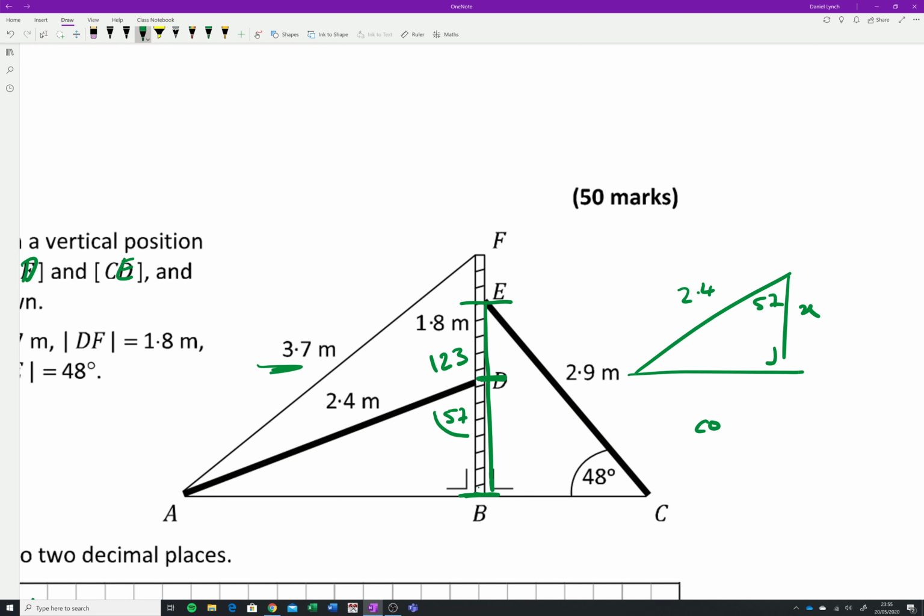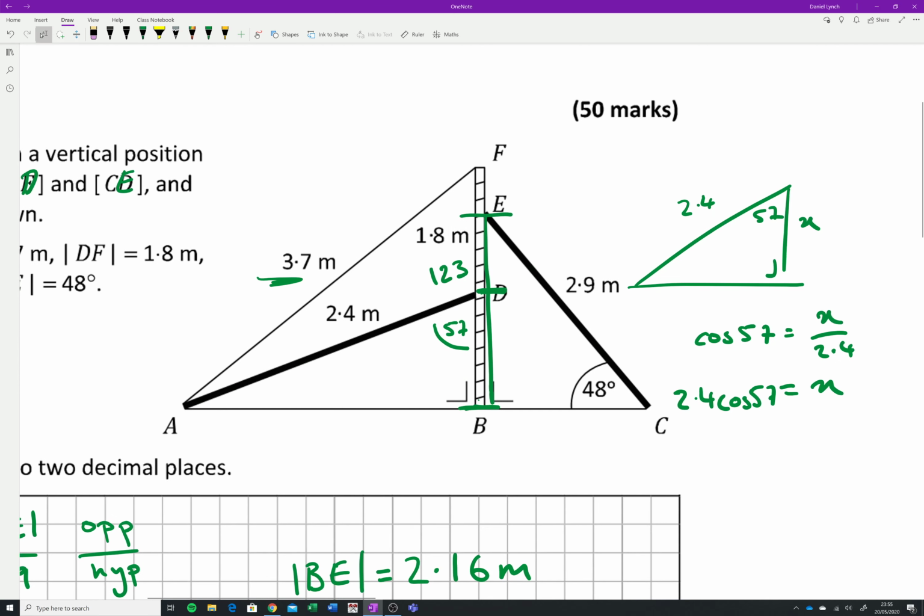The cos of 57 is equal to the adjacent over the hypotenuse. So X is just 2.4 cos 57. X is equal to, we'll do it to two decimal places, 1.31.